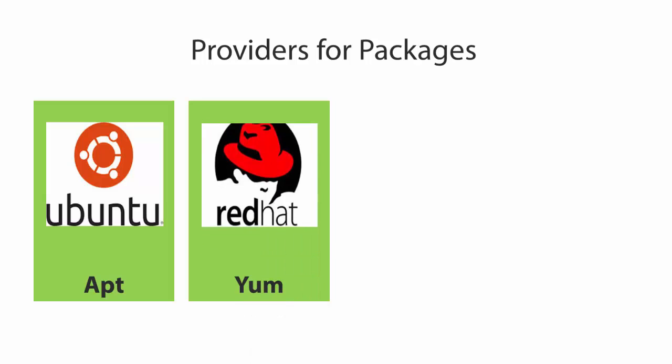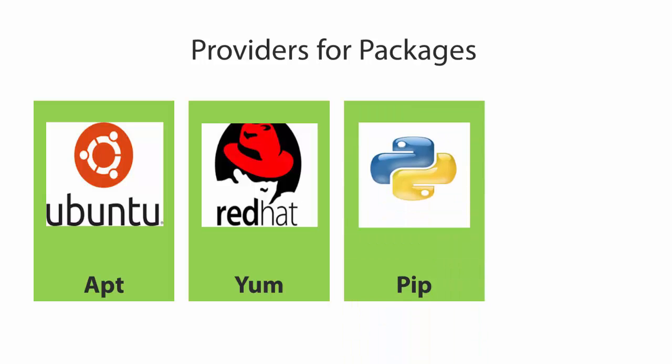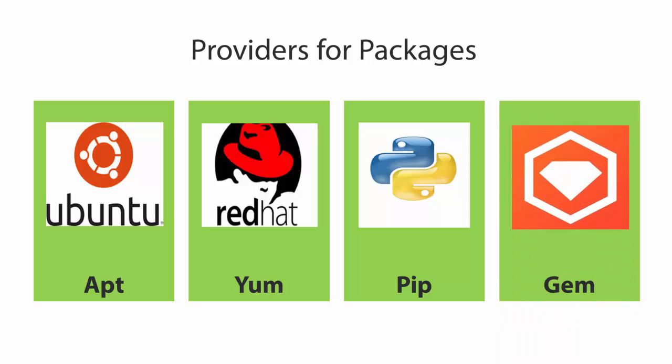For Red Hat, CentOS, and Fedora, normally we use Yum as a package management tool. In Python, we use pip. In Ruby, we use gem. In this case, what is the solution for the package management system? We have to use providers as a Puppet resource element.